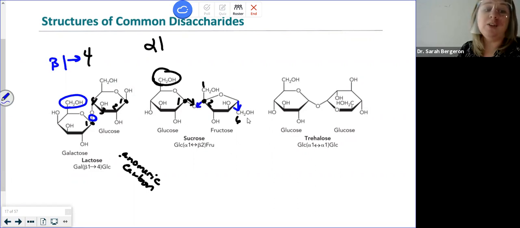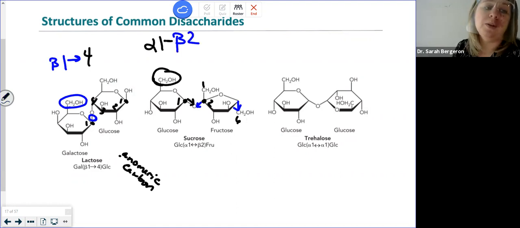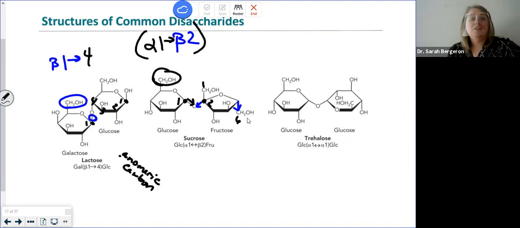So down and down is beta. Now name the carbon that's participating in the glycosidic. 2. And then you put a little arrow between them and put it in parentheses. So the reason I have alpha and beta here is because both of the sugars have the anomeric carbon that's participating in the glycosidic bond. Yes? Okay, let's do the last one.